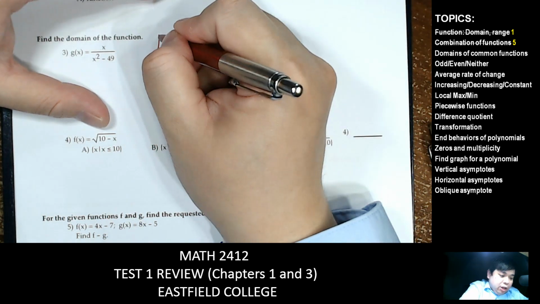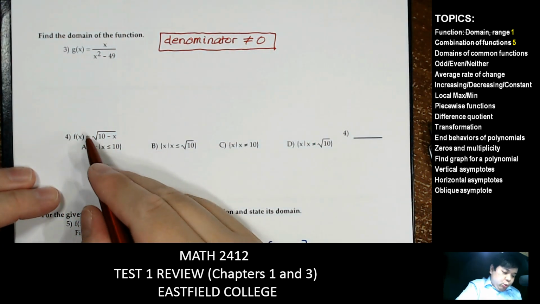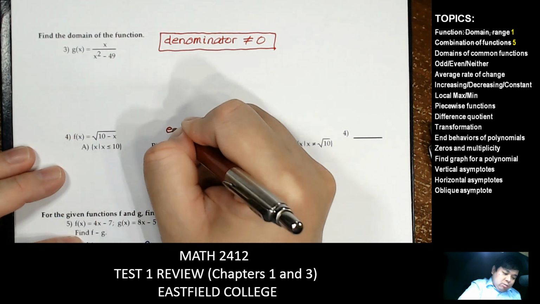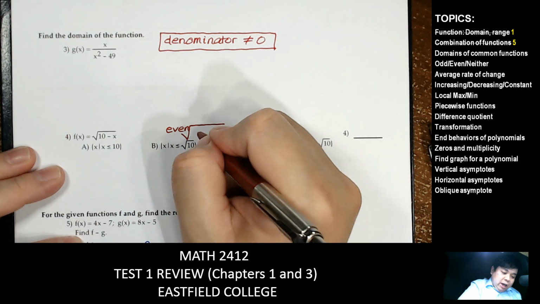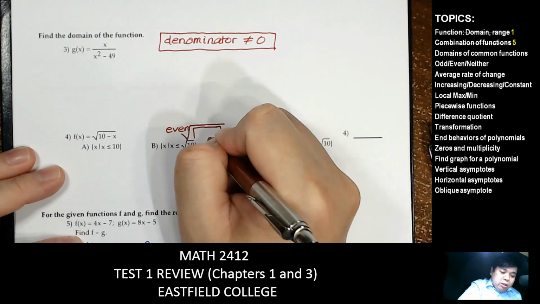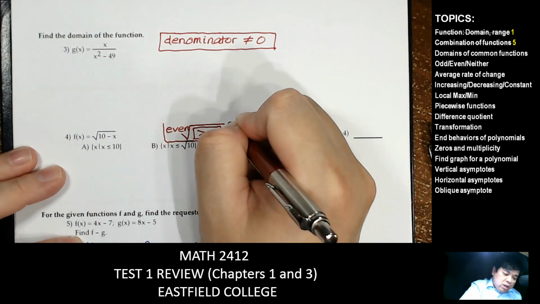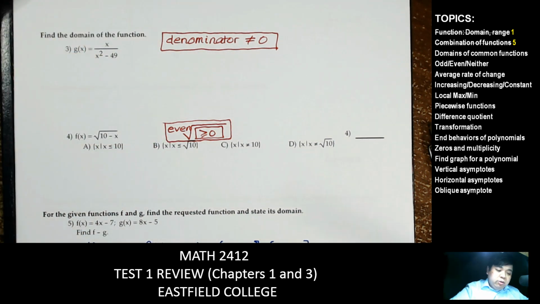So we need to have the denominator not equal to 0, and if we have the square root or any even root, whatever we put inside an even root has to be greater than or equal to 0. So that is the second thing we need to watch out for. So only those two things for now.